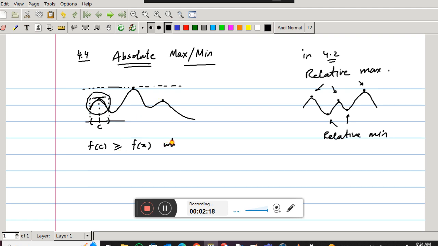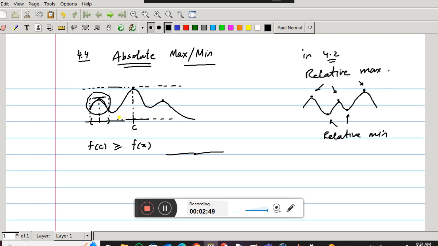When x is near C, this is a relative maxima when x is close to C. This is the condition. But if I change this now to all values of x, for example, if this is my number C, in this case I can say that f of C is greater than f of x, where x is any point here.